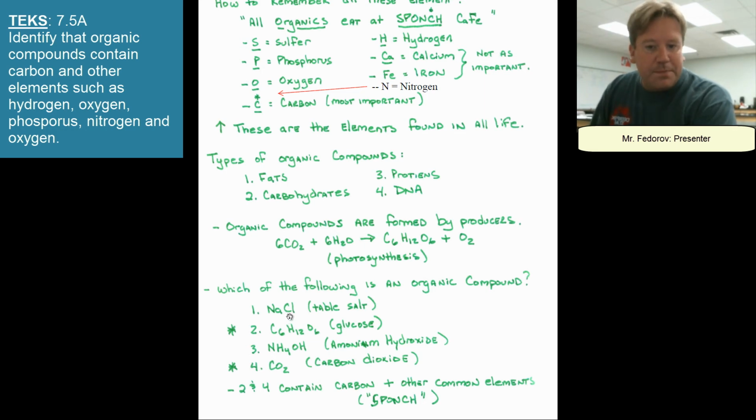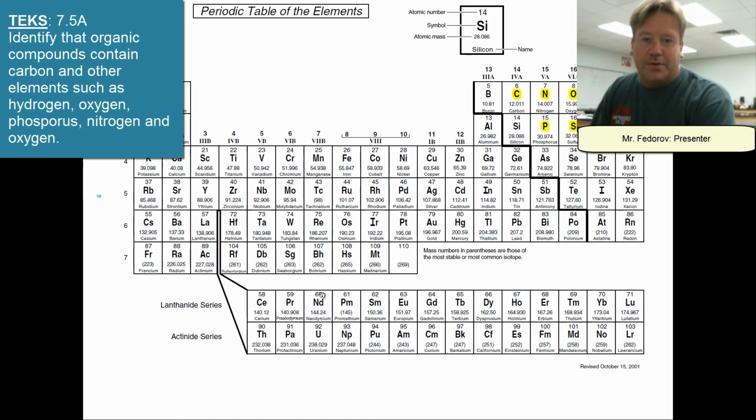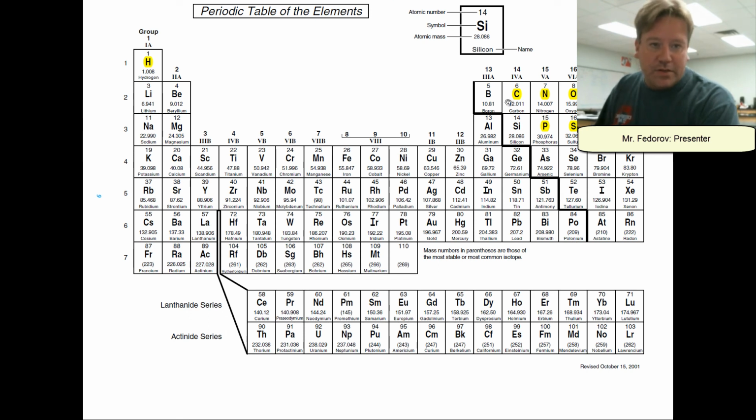Now, you might be tricked into thinking that because there's a capital C, that's carbon. It's not. If you look on the periodic table here, which I'm going to click to, here's carbon, capital C. But when you take a capital letter and follow it by a lowercase letter, that's going to indicate a totally different element, a totally different substance.